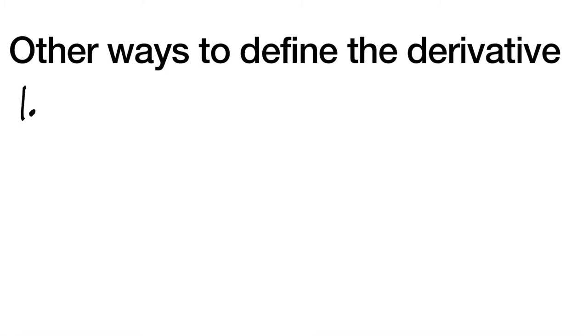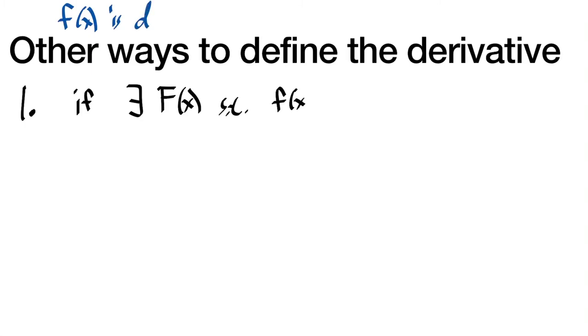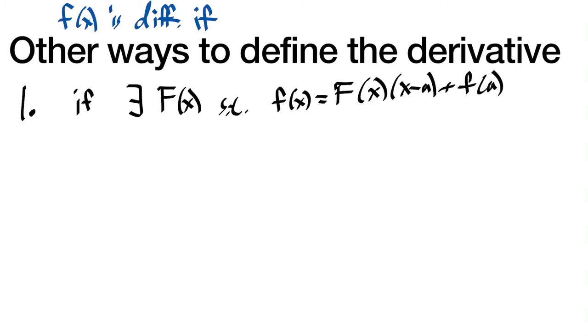So one definition, the first one that the book uses, says f of x is differentiable if there exists a capital F of x such that little f of x equals capital F of x times x minus a plus f of a. And this capital F is continuous.